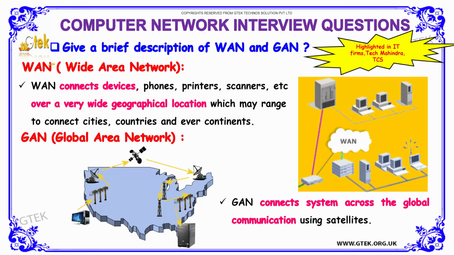Our next question is you have to give a brief description of WAN and GAN. WAN is the abbreviation of Wide Area Network, and it is used for connecting devices and phones or printers or scanners over a wide geographical location, which may range to connect cities, countries, or even continents.